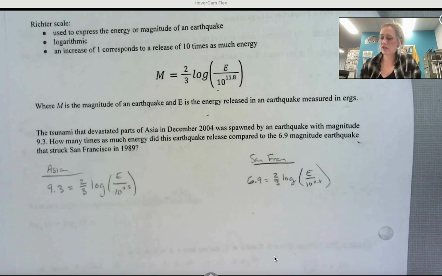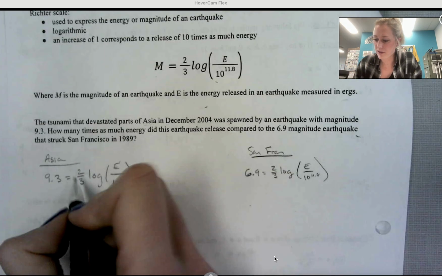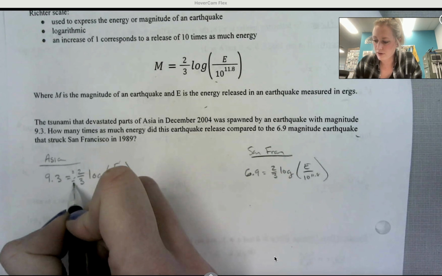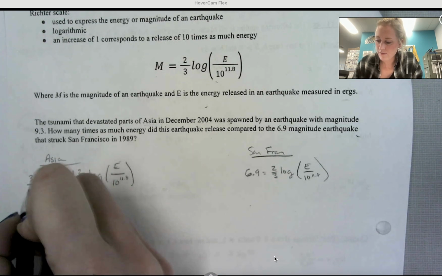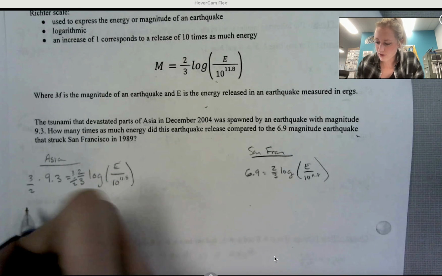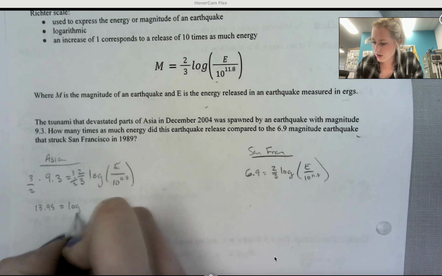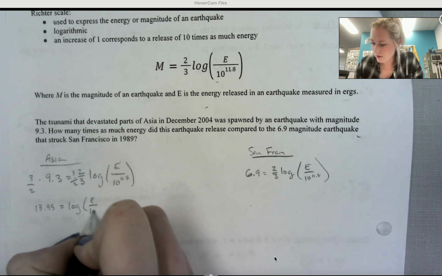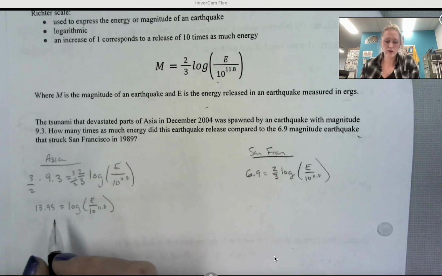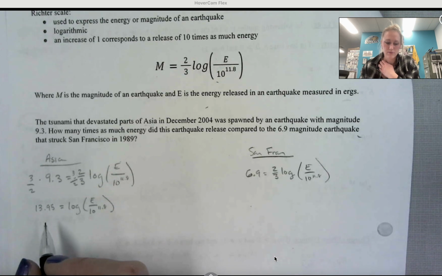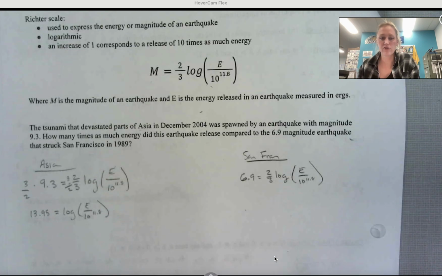So here's what this looks like. We want to isolate the log expression first. So I'm going to get rid of this 2/3 by multiplying by the reciprocal, 3 halves. I get 13.95 equals log of E over 10 to the 11.8. Now I'm going to split this using my log properties.